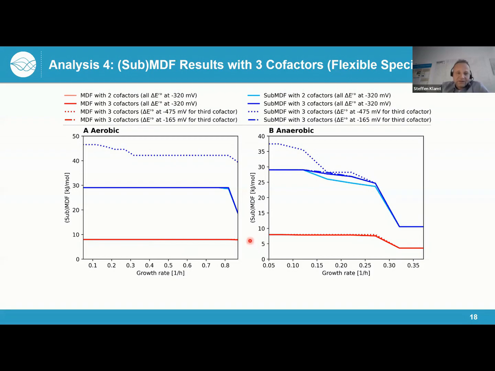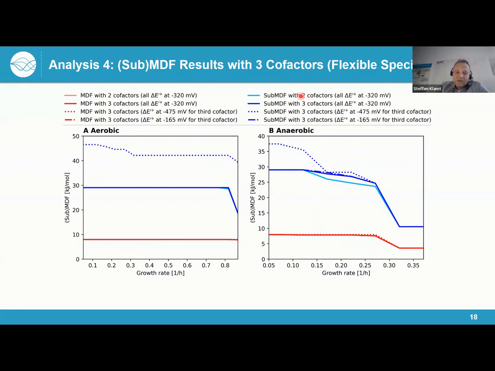We don't get any advantage with respect to MDF or sub-MDF. Maybe here in the anaerobic case, you see a very minor advantage when you use 3 cofactors for the case that you have a cofactor with a reduced standard redox potential, but this can hardly be seen.